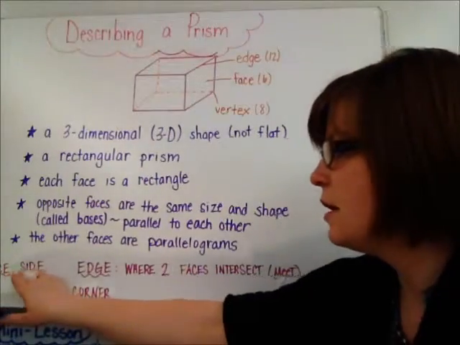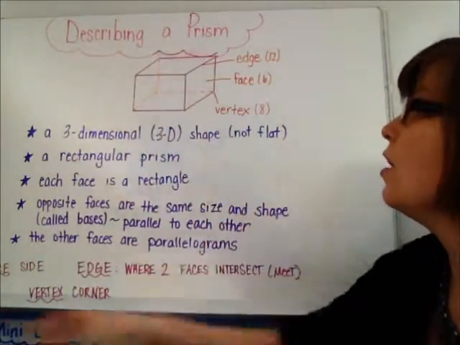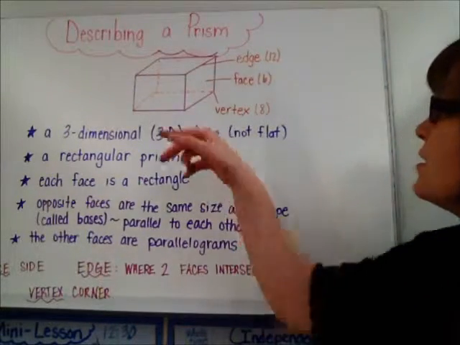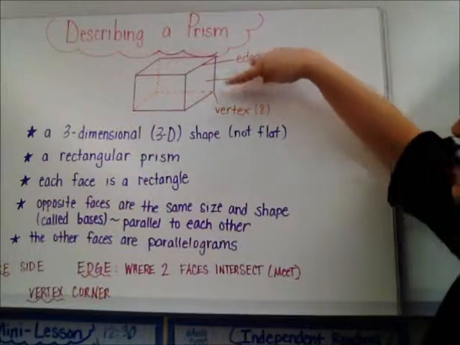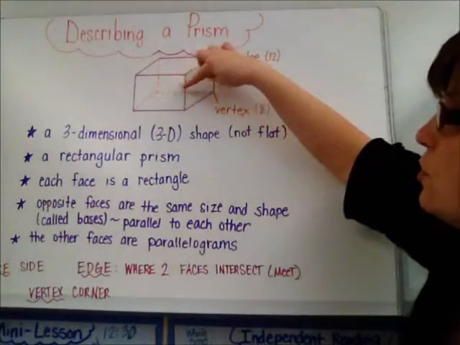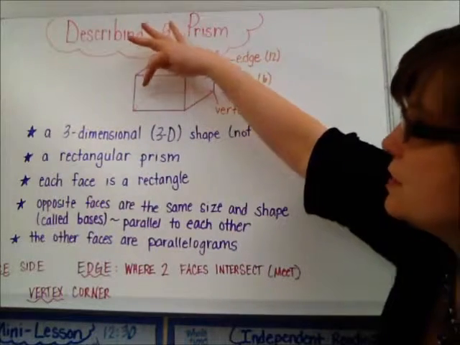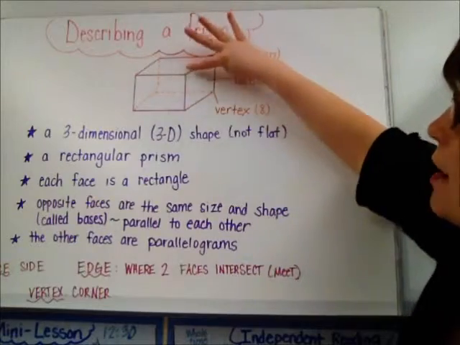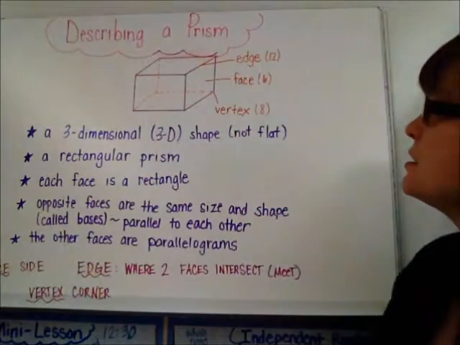So here are some definitions for you to write down. A face is the side of a prism. An edge is where two of those faces intersect. So up here we have those labeled. Here's the face, and there are 6 faces. See, 1 here, 2, and then kind of on the side, 3, 4 back here. There's 1 on the top, 5, and 1 on the bottom, 6.